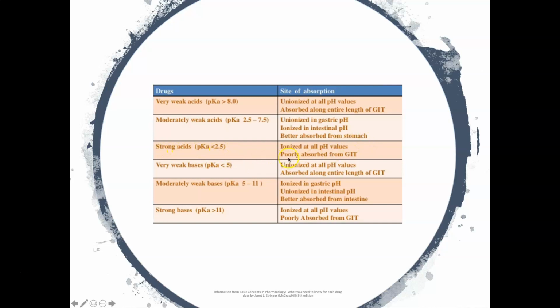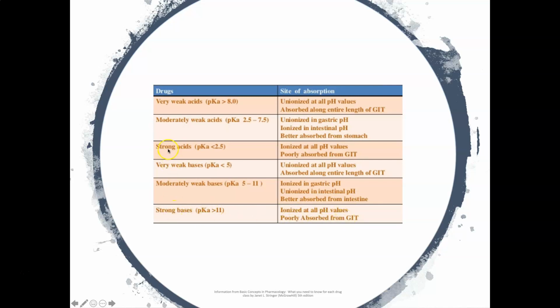Strong acids, they're poorly absorbed from the GI tract, so you might need to figure out a different route other than the GI tract when you're talking strong acids. Very weak bases, they're fine. They can be absorbed anywhere along the entire GI tract. But moderately weak bases, now they need to be absorbed from the intestine, not from the stomach. And then you have strong bases, again, poorly absorbed from the GI tract.